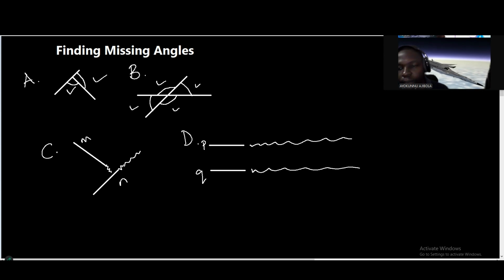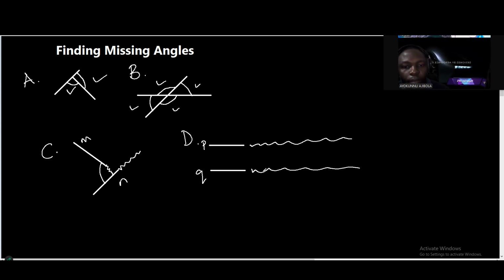Yeah. It's M that will rather meet N. Exactly. So that means when they meet, there'll be an angle. But these are parallel lines. They will not meet.